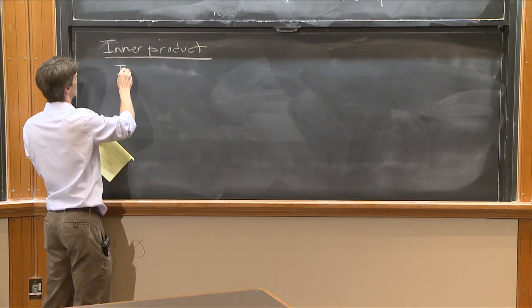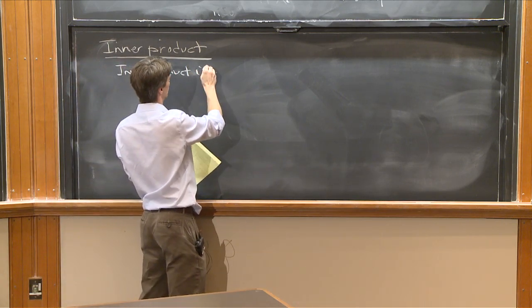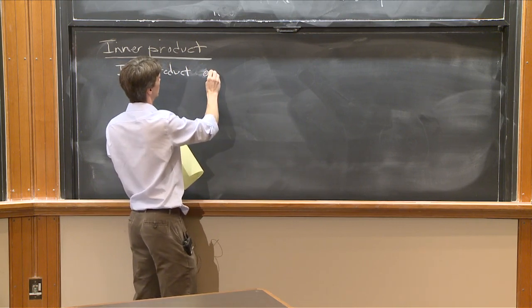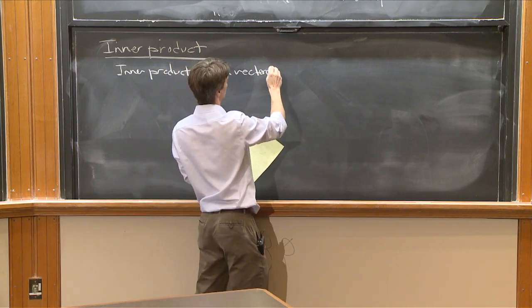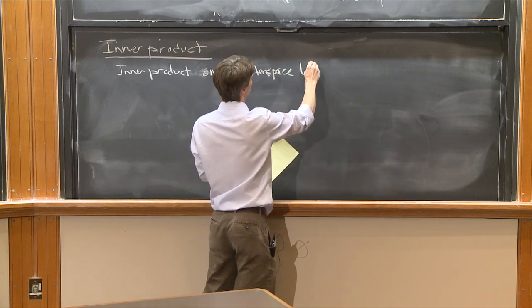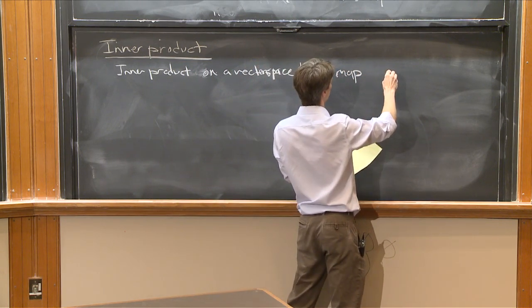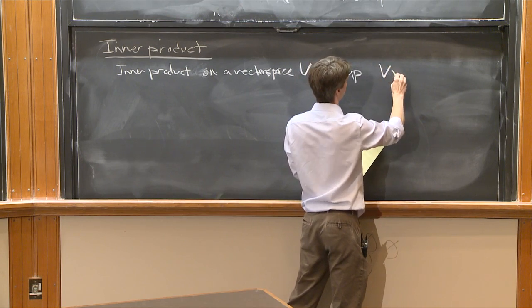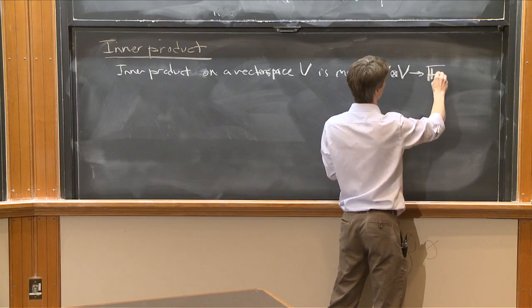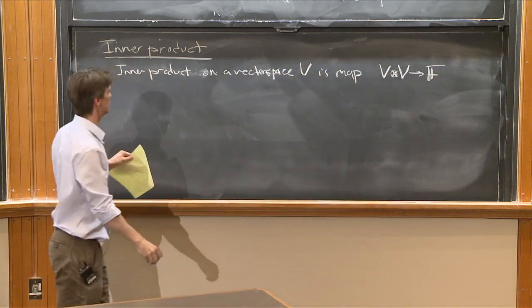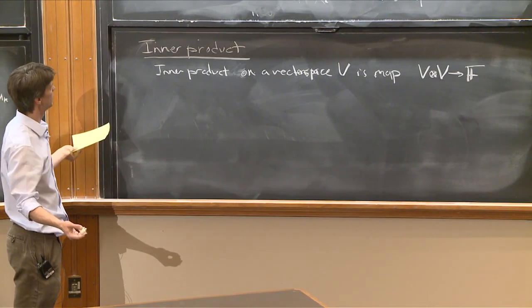So an inner product on a vector space V is a map from V cross V to the field F, and that's really what it's going to be.